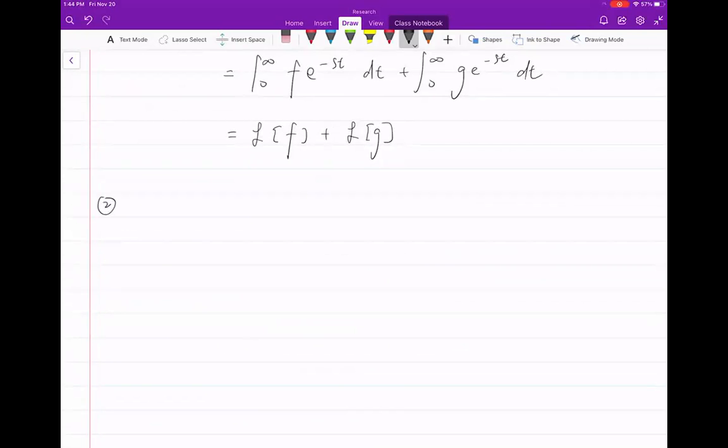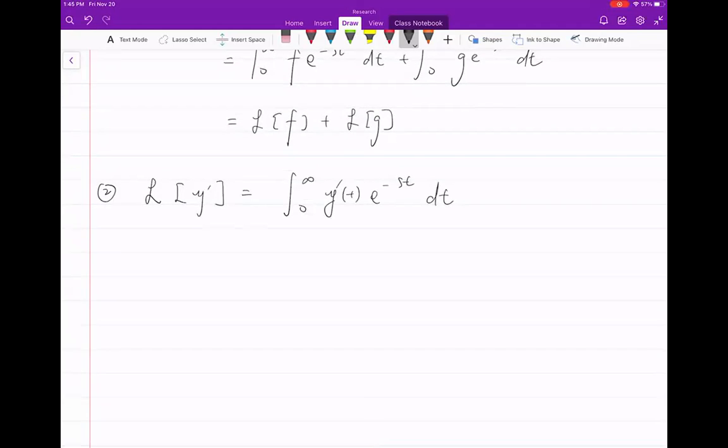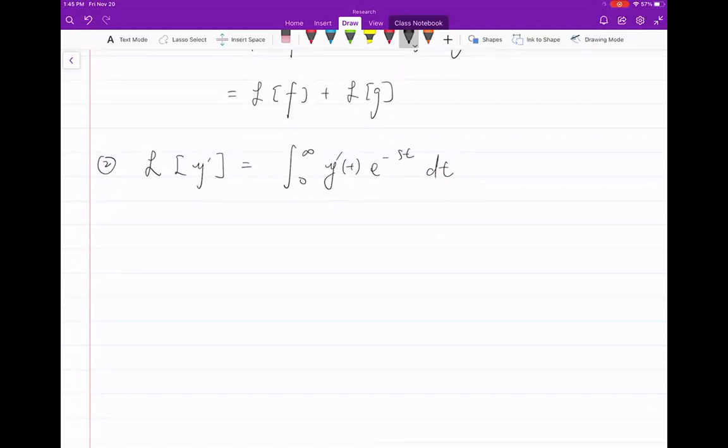Second, probably the most important. For differential equation, we handle derivatives. So we probably want to know the Laplace transform of a derivative. That is going to be this with a prime. Okay, what's that? Well, that can be done by integration by parts.